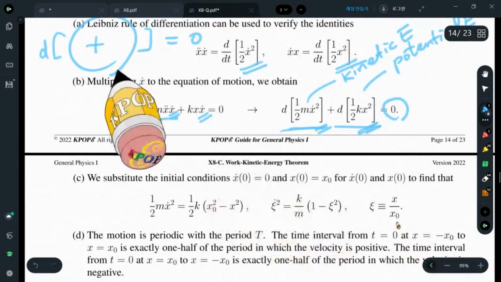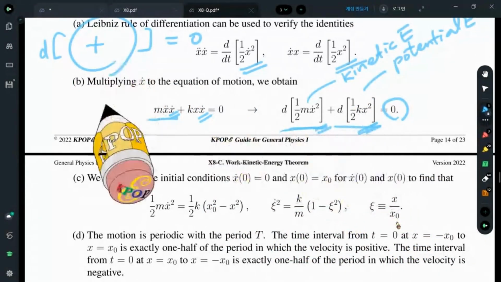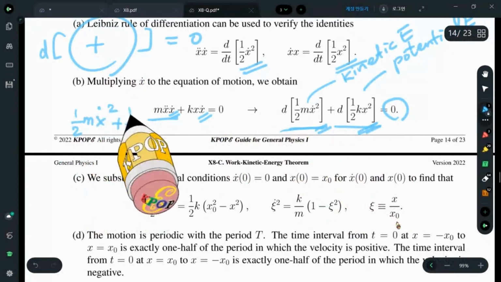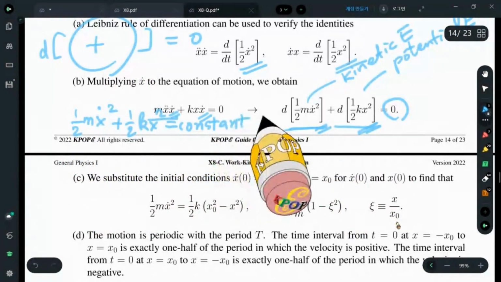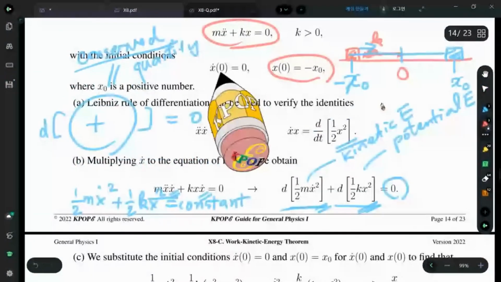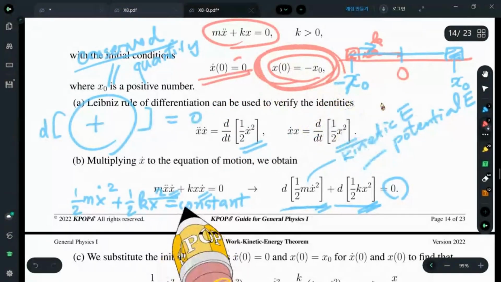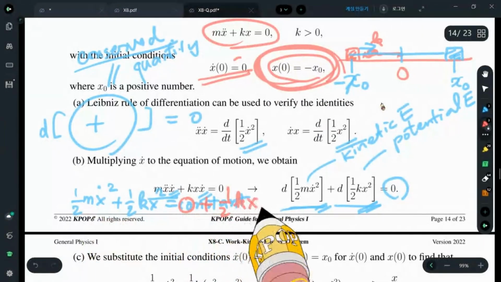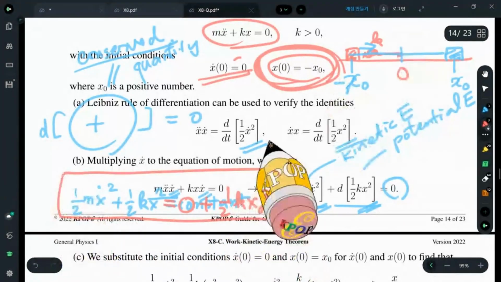All right, because this differential is the same, we can write 1/2 m x dot squared plus 1/2 kx squared equals a constant. In the initial state, velocity was 0 and position was x0. So because it is constant, 0 plus 1/2 kx0 squared. We have this very simple identity.